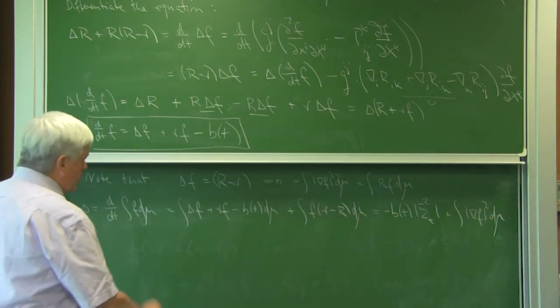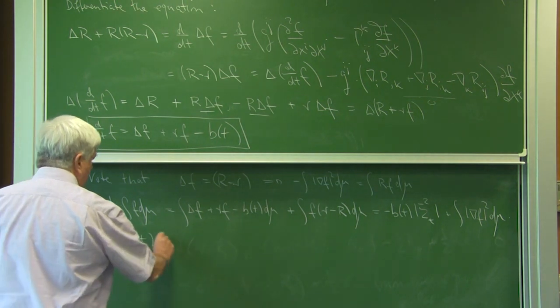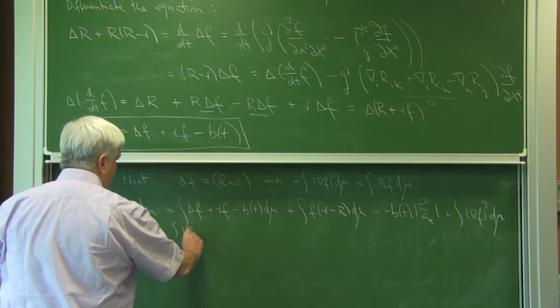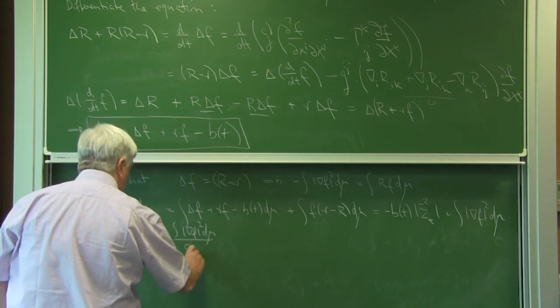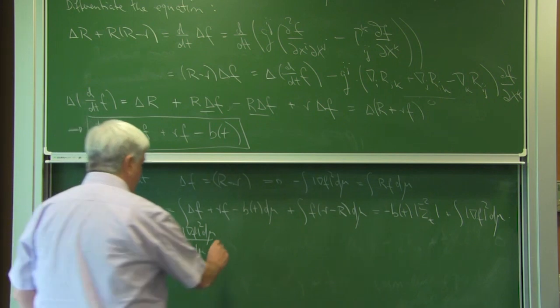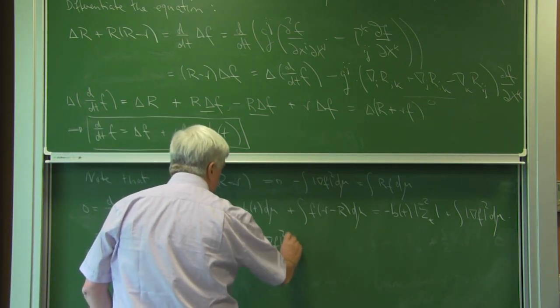So this allows us to solve for b of t. That's the integral of gradient f squared d mu divided by integral d mu. So it's just the average of the integral of df squared d mu.